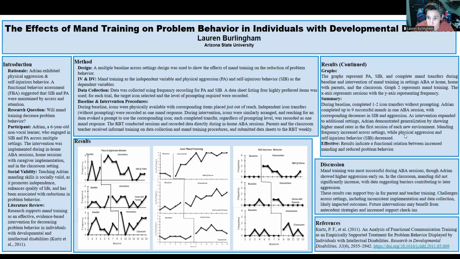Adrian did complete up to 9 successful mands in 1 ABA session, and that was out of 10 trials, with, as we're seeing, corresponding decreases. That's when we get to session 13 or 14, and we'll see across the board as we look at physical aggression, we see a decreasing trend in our ABA at home, and we do see a decreasing trend in our self-injurious behavior, with it being relatively stable with 0, and then coming up at 1, and being fairly minimal in that area.